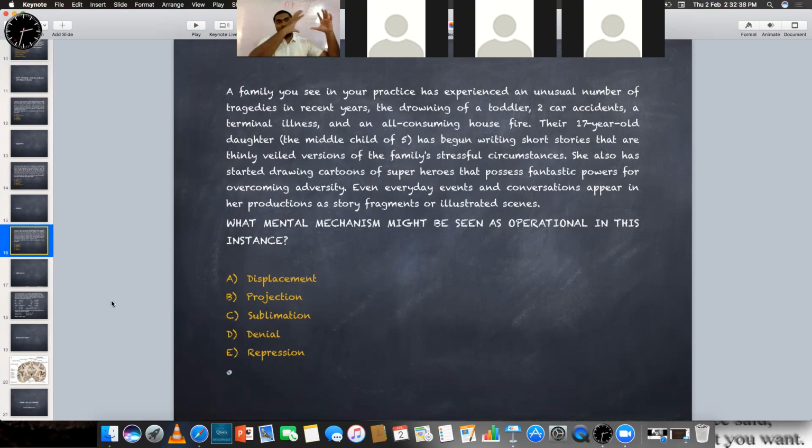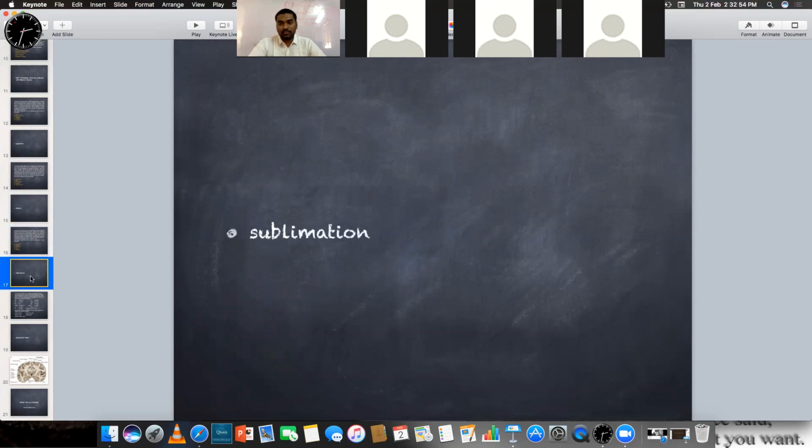So he's channelized his emotions and thoughts into a process of drawing or painting here in this example. So that is a way of coping with a stressful circumstance. That is sublimation. I hope everybody understood this.